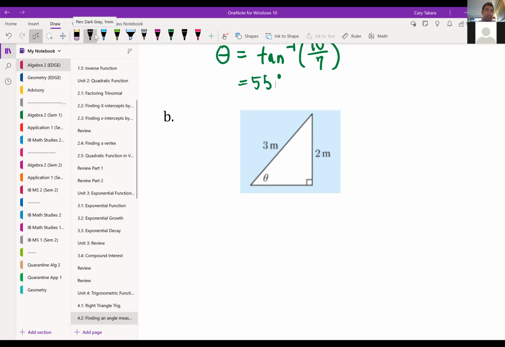You have to do 10 divided by 7 first, and then inverse tangent.